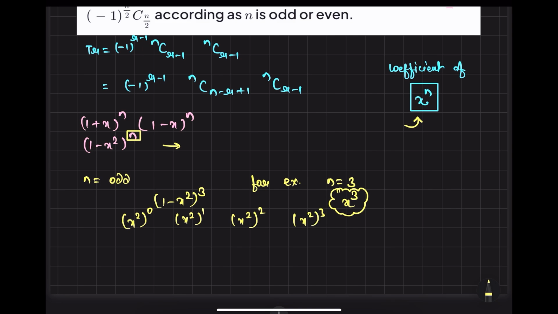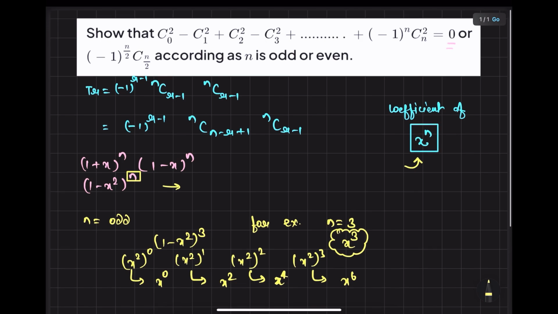So if you observe, here we have x to the power 0, x power 2, x power 4, and x power 6. So you won't have x power 3 in this case. Okay, so in that case the sum will become 0. So part 1 is over.